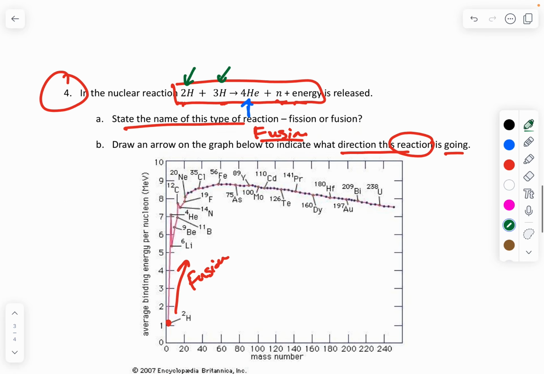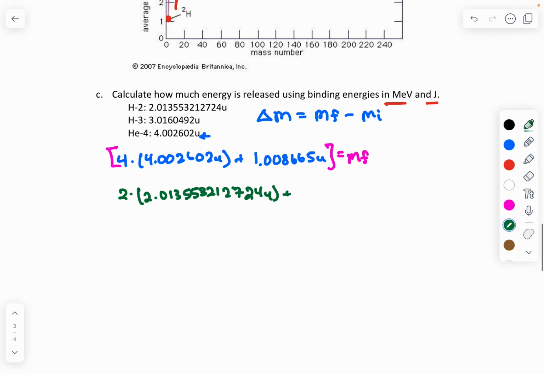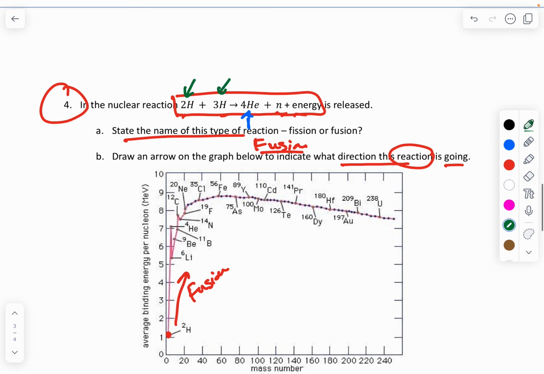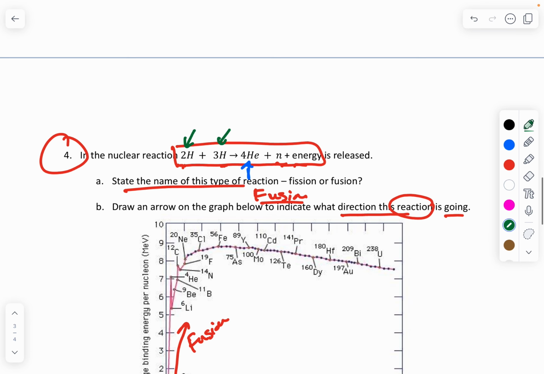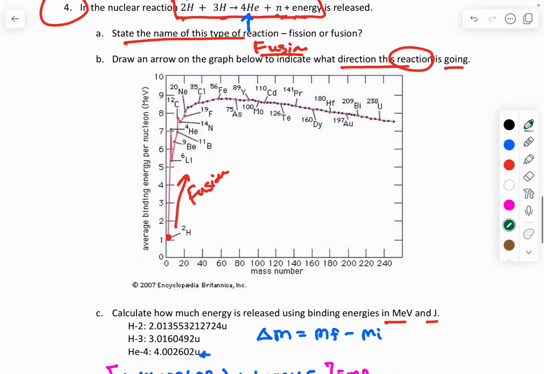And then I think it's 3. Wait, no. Is this wrong? Oh, that's stupid. Okay, sorry. This is not 4 helium.